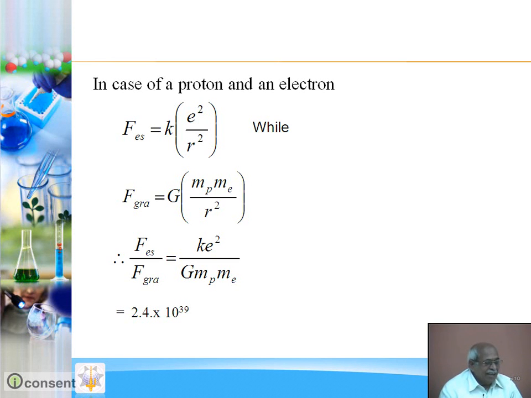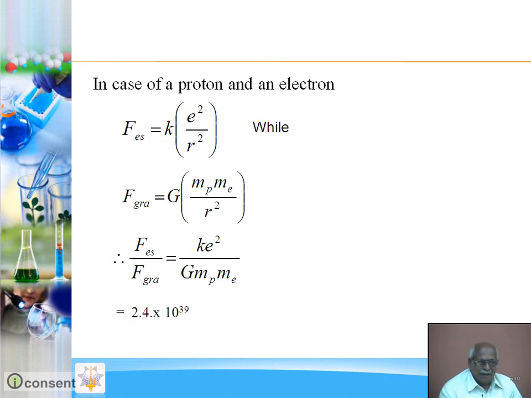Now, take the ratio of these two. The ratio will be F_ES, electrostatic force, divided by F gravitational. After we divide the above two equations, what we get is K into e square divided by G, m_p, mass of proton, into m_e, mass of electron. We can put the known values. Values of K and G were already seen.